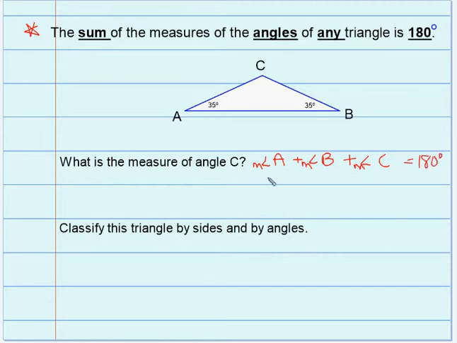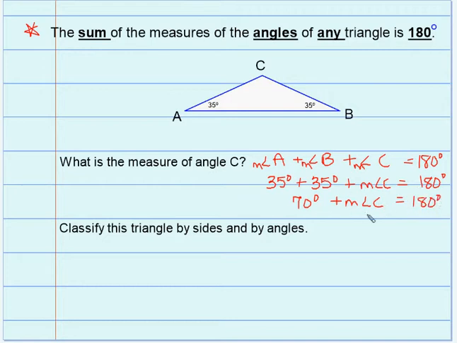Well, I know that the measure of angle A plus the measure of angle B is 35 degrees plus 35 degrees, plus the measure of angle C has to equal 180 degrees. I can add these up. That's 70 degrees plus the measure of angle C has to equal 180 degrees.